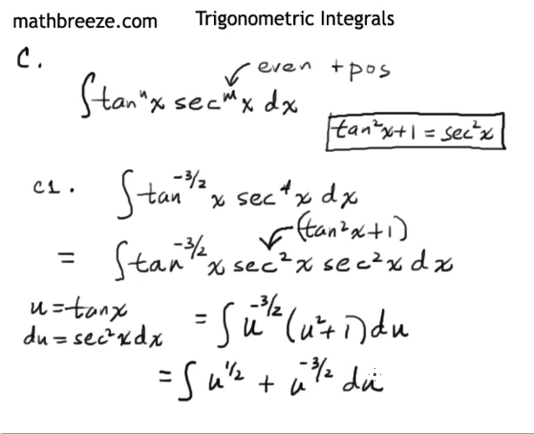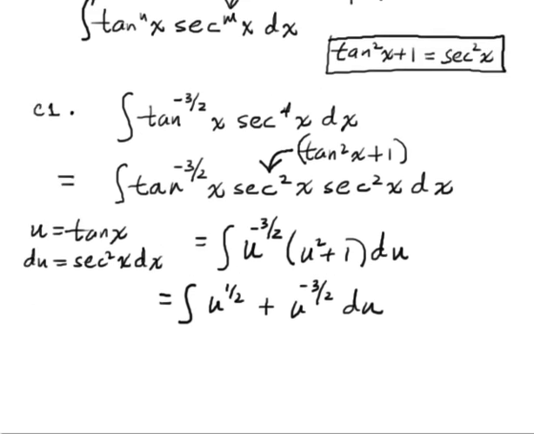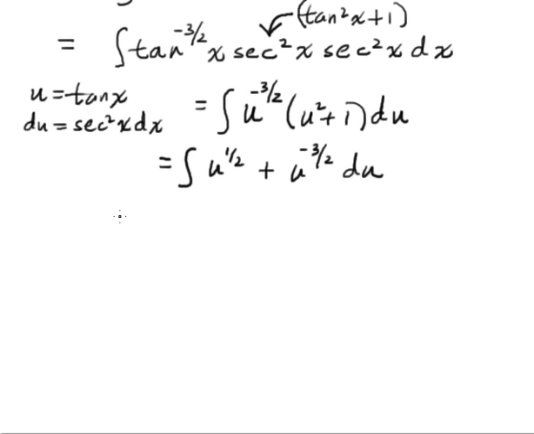And let's do our power rule. That's equal to u to the 1/2 plus 2/2, that's u to the 3/2, divided by 3/2 or multiplied by 2/3, plus u to the minus 3/2 plus 2/2, that's u to the minus 1/2, divided by minus 1/2 or multiplied by minus 2.